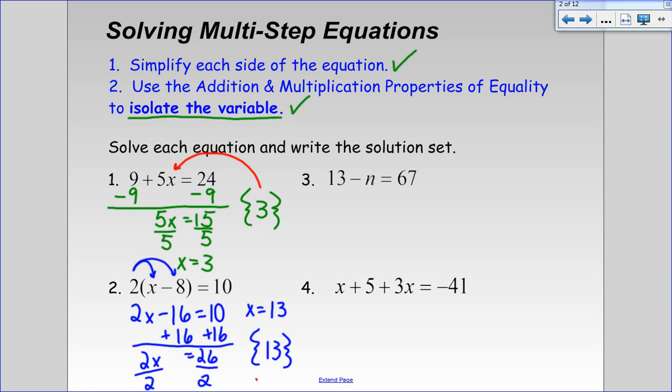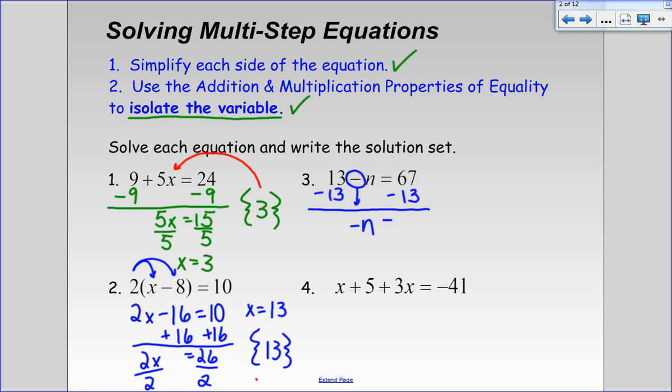For number 3, again we want to isolate our variable. Now there's nothing more to simplify on each side, so we need to do the inverse of having a positive 13, so we subtract 13 to begin to isolate our variable. When we do this, we want to make sure we bring down our negative n. This negative sign hasn't gone away, so we bring that down.